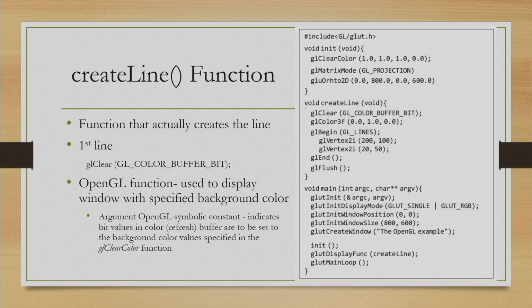Now, let us move to our second function, createLine. This function actually creates the line which we want to display. The first line is glClear with some arguments. This function is used to display the window with the specified background color.